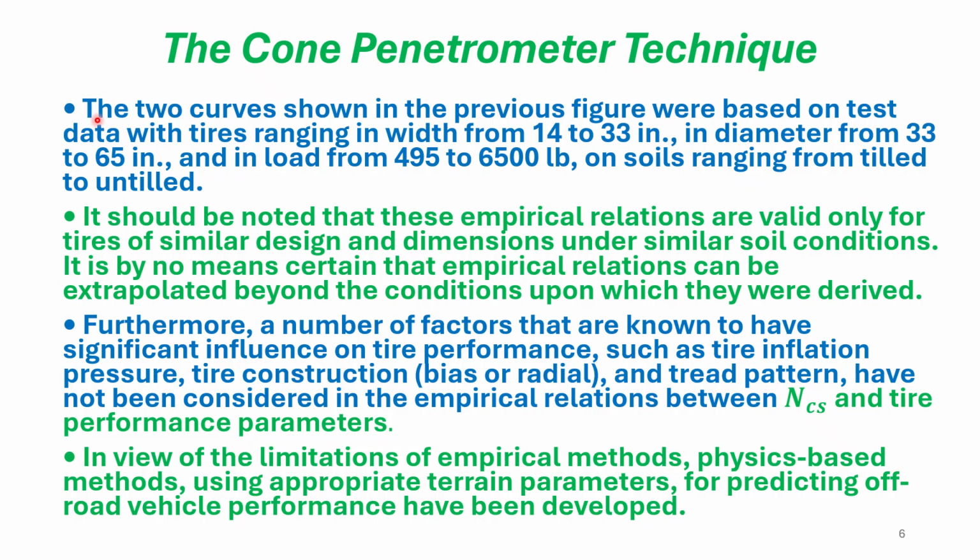The two curves shown in the previous figure were based on test data with tires ranging in width from 14 to 33 inches, in diameter from 33 to 65 inches, and in load from 495 to 6,500 pounds on soils ranging from tilled to untilled.